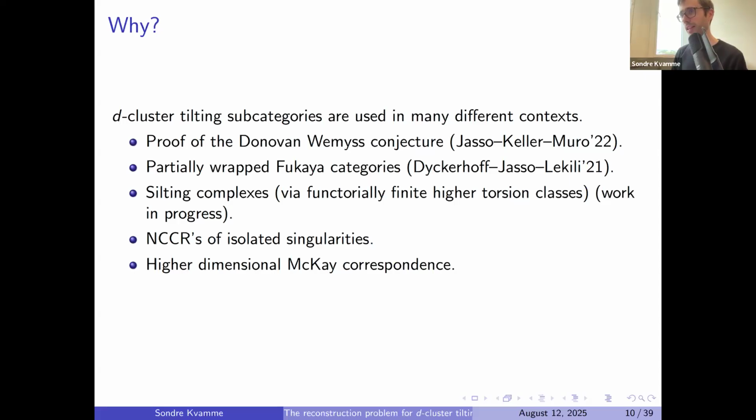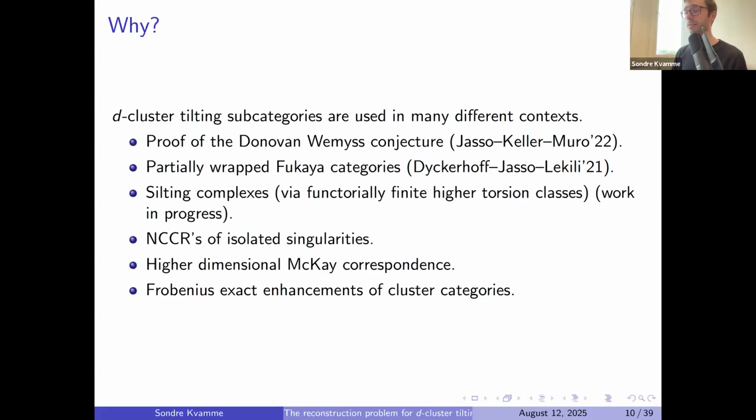Instead of looking at the classic one, you look at the category of maximal Cohen-Macaulay modules over some commutative ring. In the higher version, you now need to look at the D-cluster tilting object in the category of maximal Cohen-Macaulay modules over some commutative ring. Then if you care about cluster categories, then whenever you have a Frobenius exact enhancement of a cluster category, you automatically get a two-cluster tilting object.